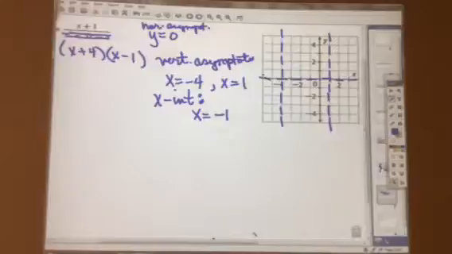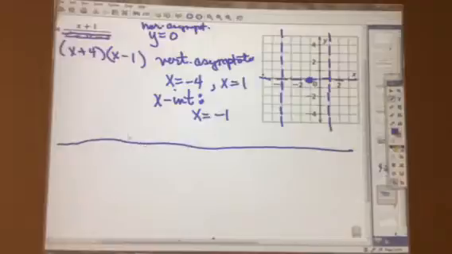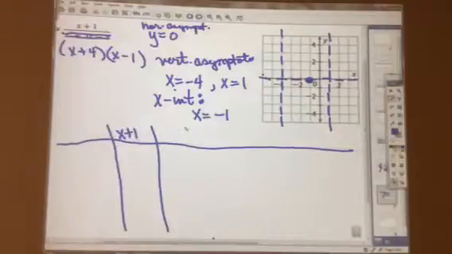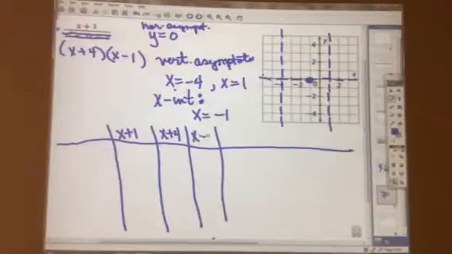And an x-intercept at negative 1, right there. So when I draw my table, I'm going to use x plus 1, x plus 4, x minus 1, and then my final sign.